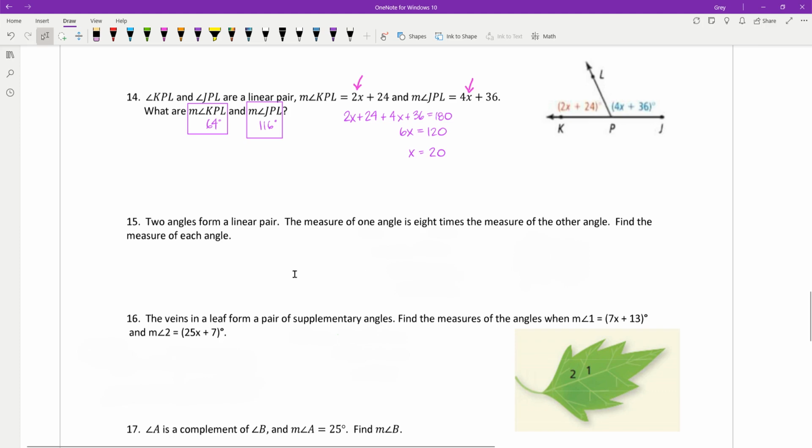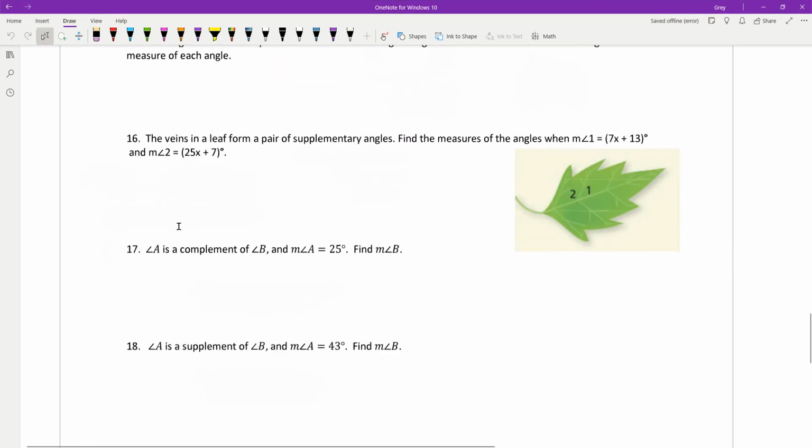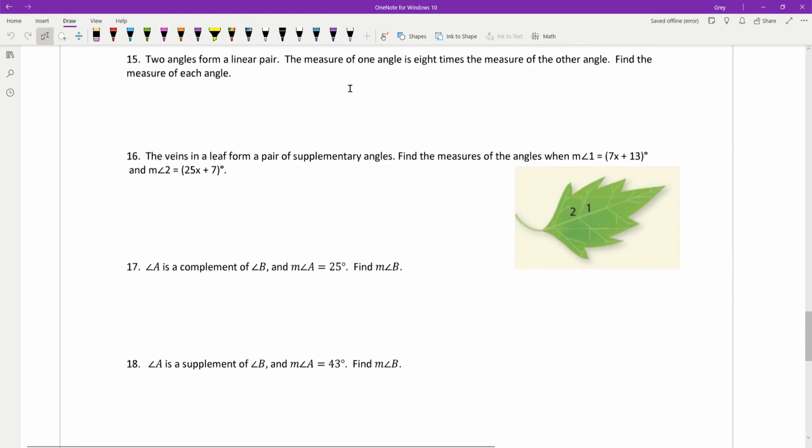All right, look at 15. Two angles form a linear pair. The measure of one angle is 8 times the measure of the other angle. Find the measure of each angle. So I have one angle that's going to be x, and the other one is going to be 8x.